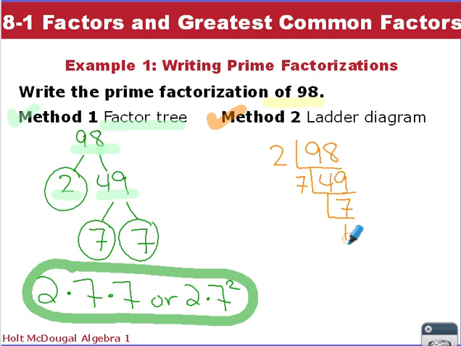So in this case, we can look here, oops, that should be a 7 out here. These numbers on the outside are our prime factors. So those are going to be, again, 2 times 7 times 7, which is the same answer we got for our factor tree. So again, either method's going to work. This is called the ladder method because it kind of looks like we're stepping down a ladder.